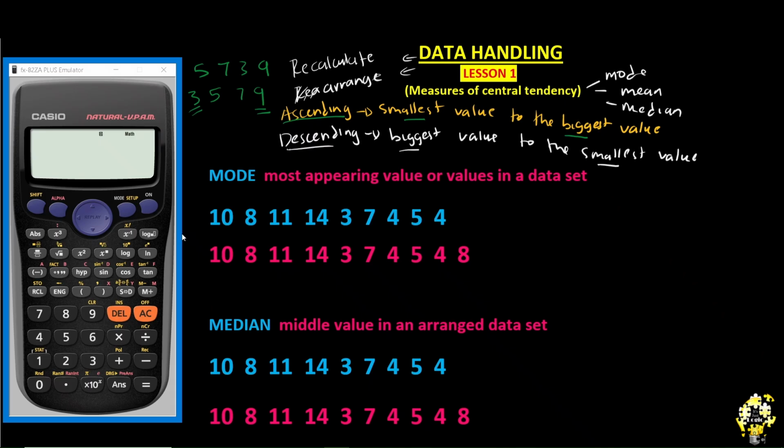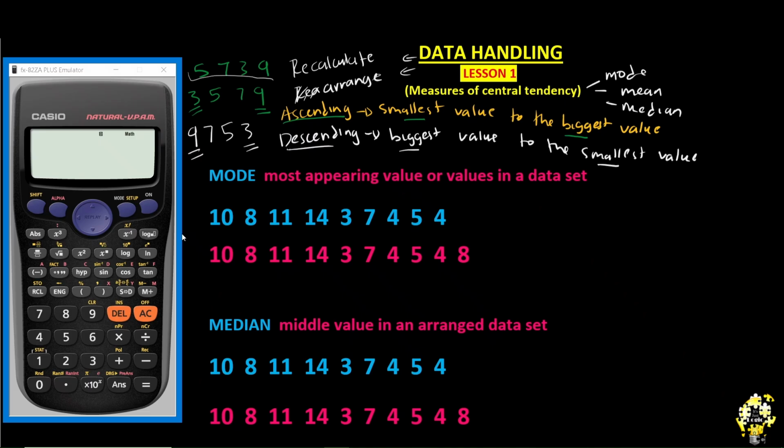The biggest value in this data set is 9, so you start with 9. What follows? It's 7. What follows? It's 5. Lastly, it's 3. Can you see that we started with the biggest value and ended with the smallest value? That's how you arrange your data.